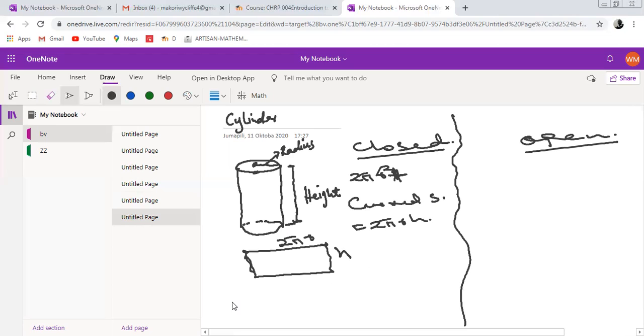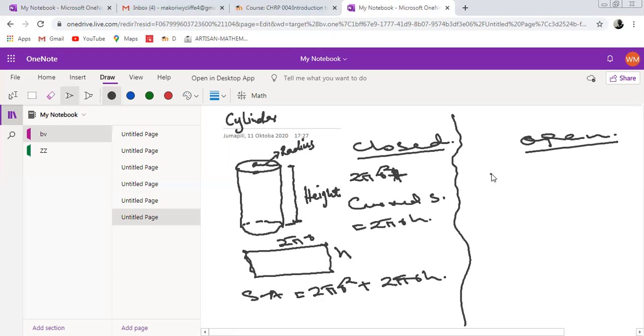So the total surface area of a closed cylinder is 2 pi r squared plus 2 pi r h. That is the formula for getting the surface area of a closed cylinder. For an open cylinder, it simply means that it does not have a top, like a container without a top.